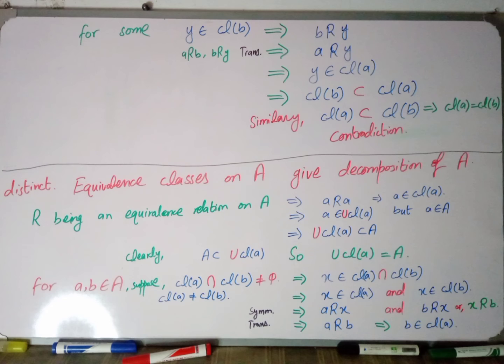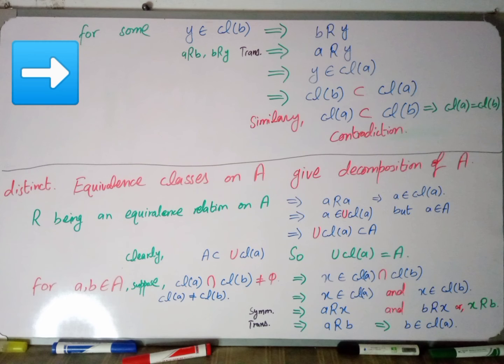Now for any y in the equivalence class of b implies that b is related to y. Applying transitivity, we get a is related to y, which implies y is in the equivalence class of a, but y was in the equivalence class of b, so equivalence class of b is contained in equivalence class of a.